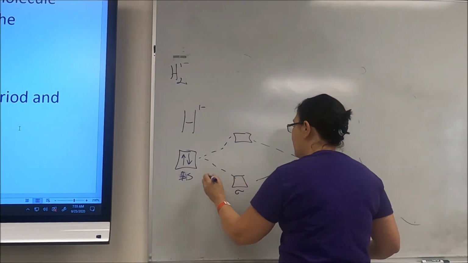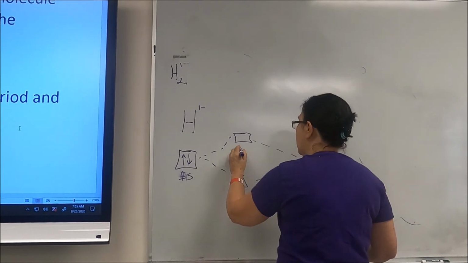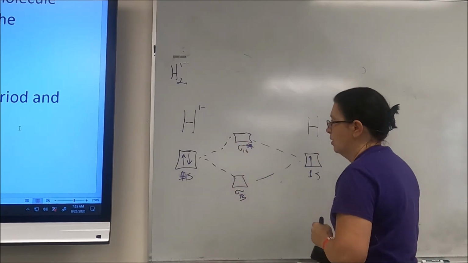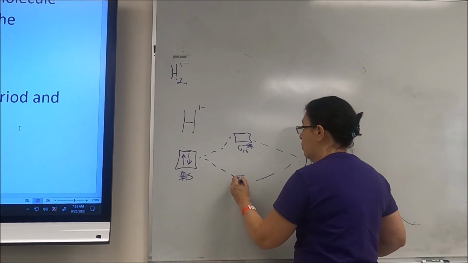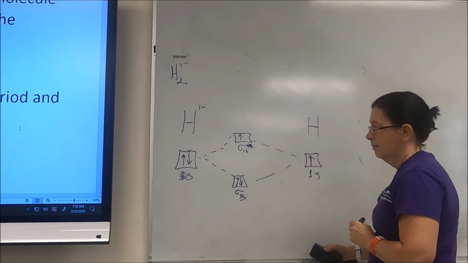So I blend together a 1s and 1s. I'm going to have a sigma 1s bonding and a sigma 1s anti-bonding. That's what the asterisk is for. And I've got 3 electrons to move in. So 1, 2, 3. Okay?